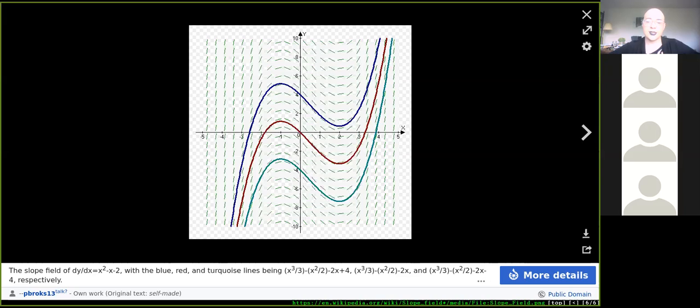So at 0, 0, if I plug 0 for x in, I'm going to get -2. If I plug 2 in for x, I'm going to get 0, or something very close to 0.